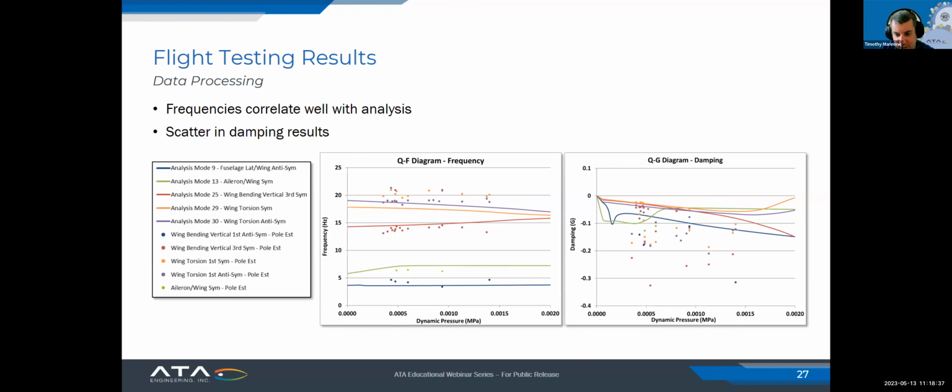You can see that as we would have gotten closer to the right side of the curve, you would start to see the damping trend back to 0. And you can see on the left with the frequencies, those 3 modes starting to get awfully close together. That would have been the area of real interest, but we weren't able to hit those levels just because of the waves. That's still an ongoing effort, but they've been focusing more on generally staying within their current envelope, doing more experiments and flying in the range that we've cleared them to.